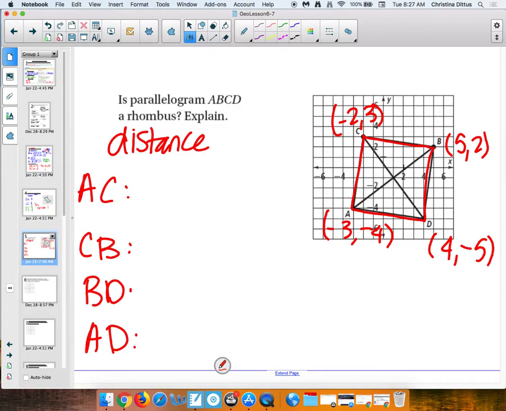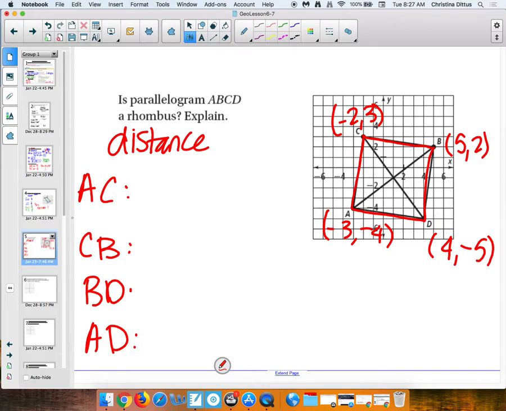Find your distance. Subtract your x's. Square them. Plus subtract your y's. Square them. And then square root. Make sure when you take a negative squared, you get a positive number.